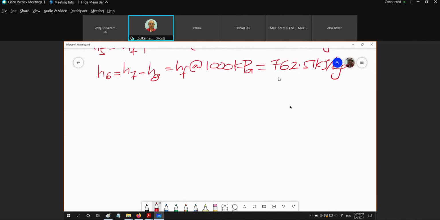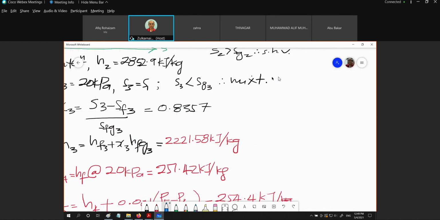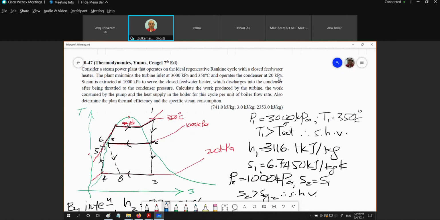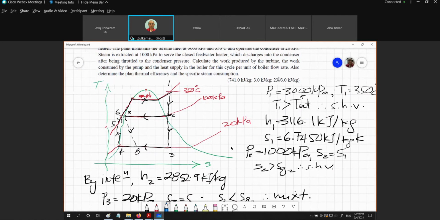Get your Y value by looking at the energy balance of the feed water heater. That is what we have written just now. Remember the formula?